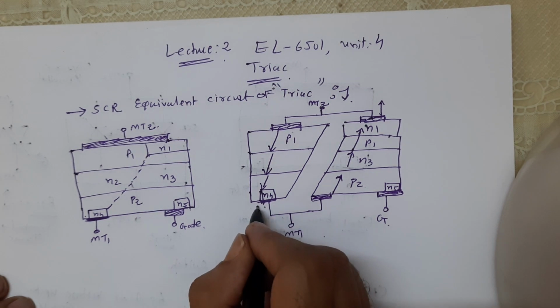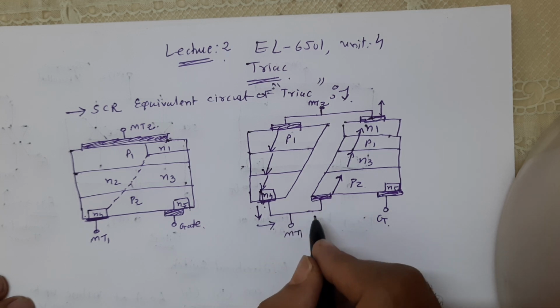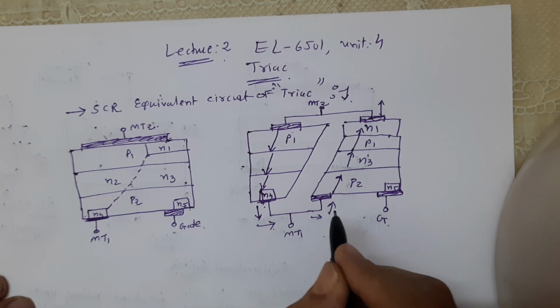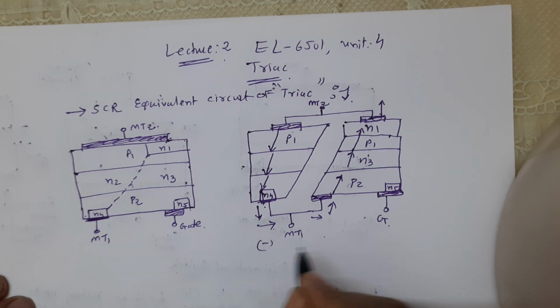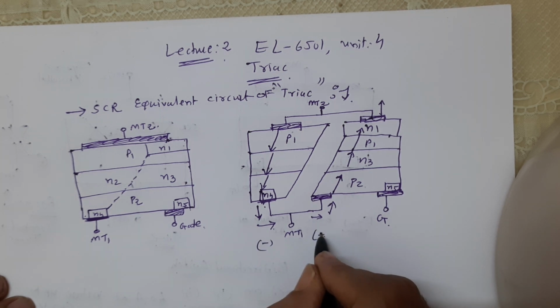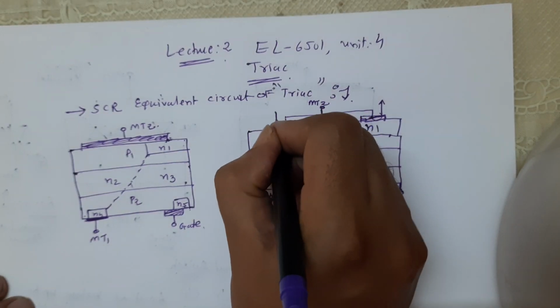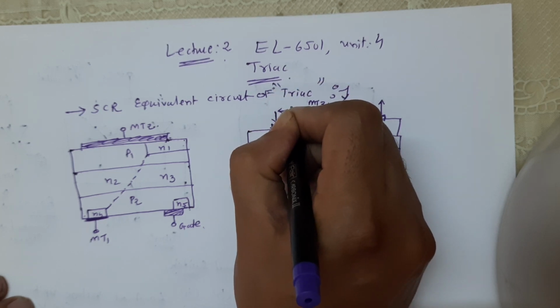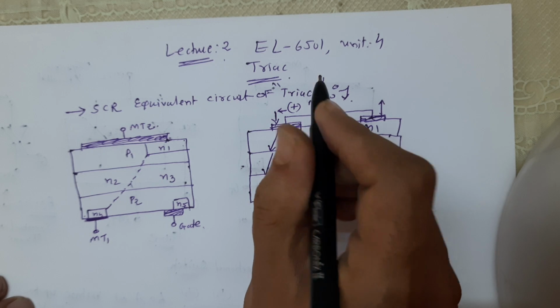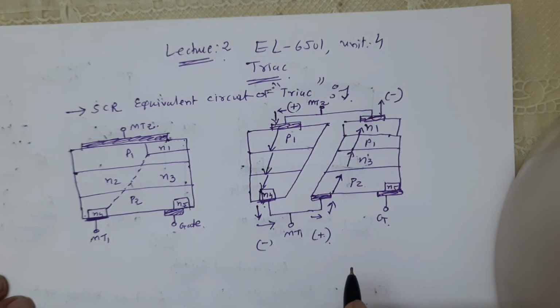So the direction of the current moves like this. This is your negative, this is your positive. If this is your positive and this is your negative, like this.